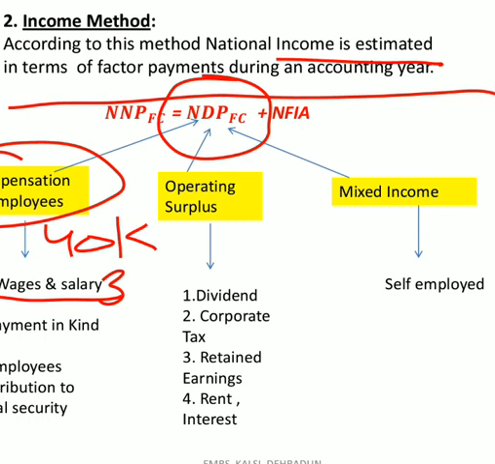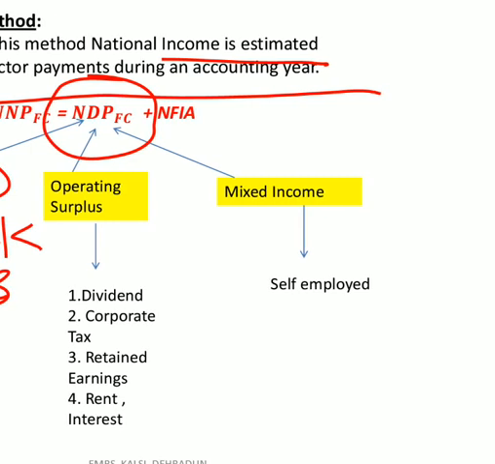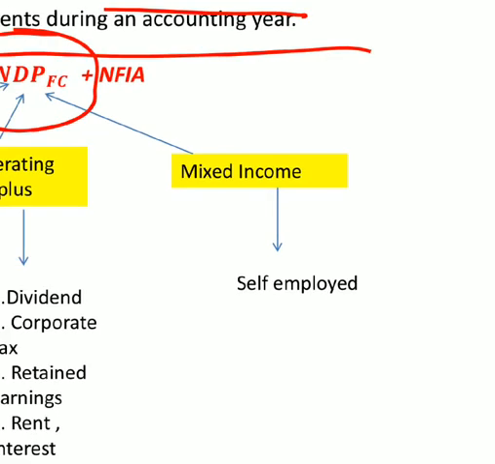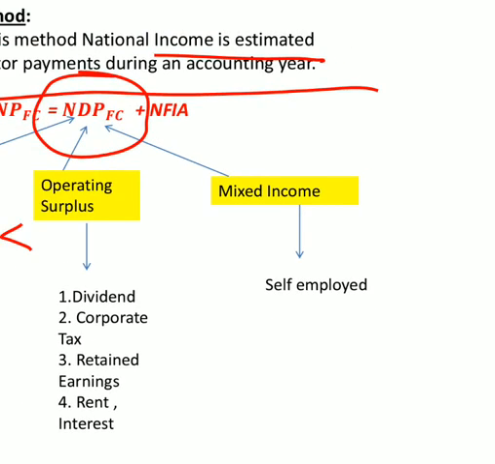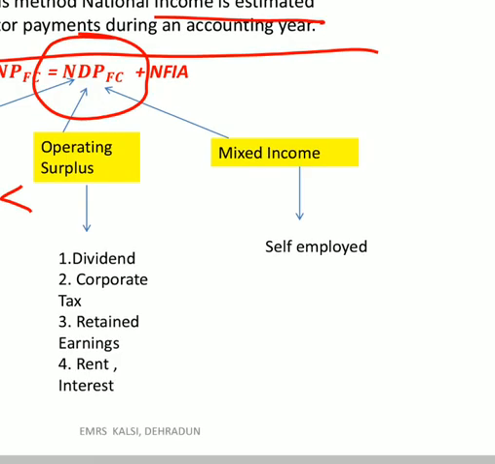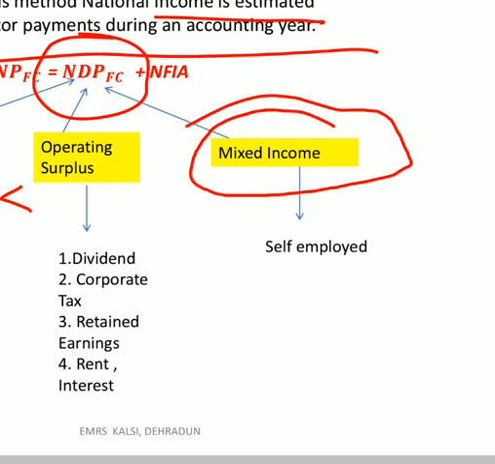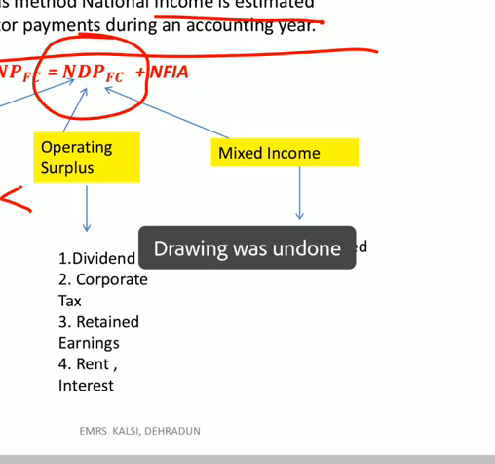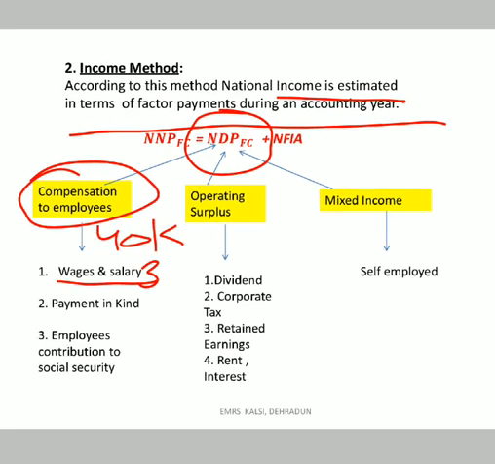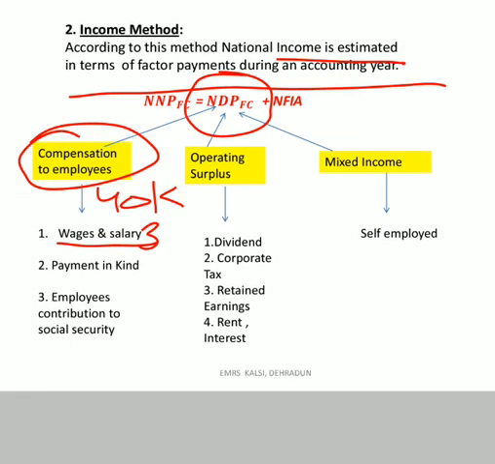By adding these we get operating surplus. Now the third thing is the people who are self-employed, who are running a small shop; their income is also added here, and we calculate it as mixed income. After getting all these three headings, we add compensation to employees, operating surplus, and mixed income.